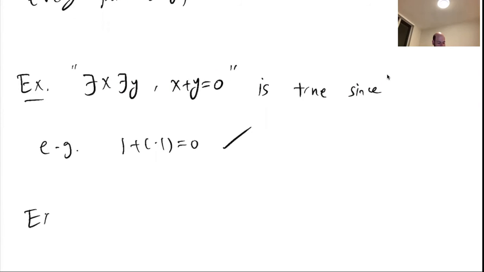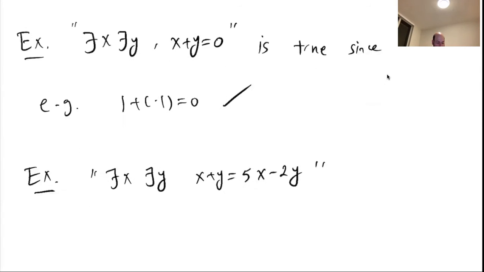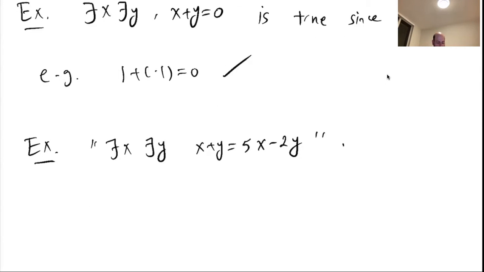Or another example, let's say there exists x, there exists y, that, for example, x plus y is equal to 5x minus 2y. So this one is also true.